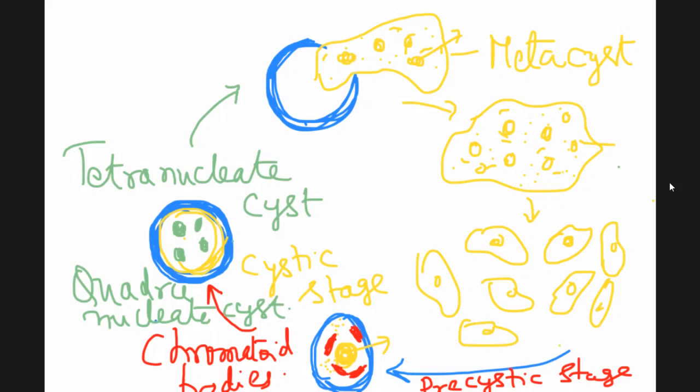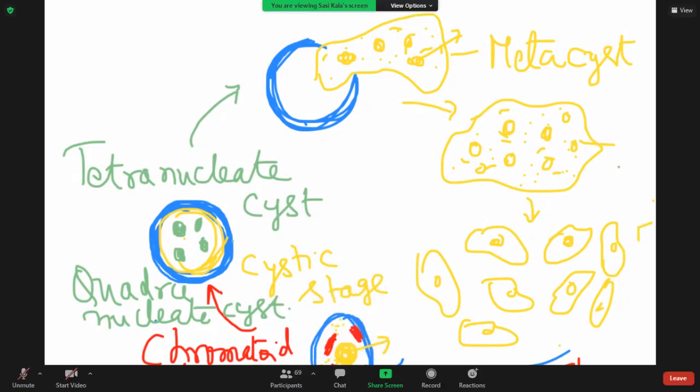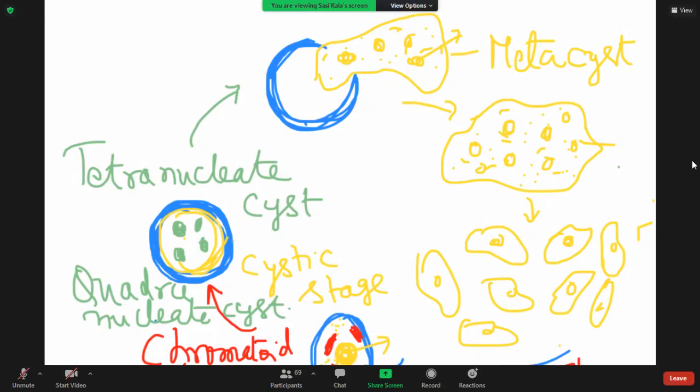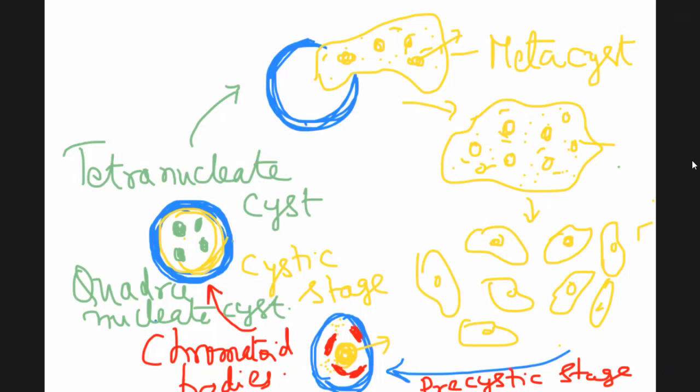So if one cyst enters, how many daughters come? 8. If 10 cysts enter, 80. This is how it can multiply soon after entering a fresh host.